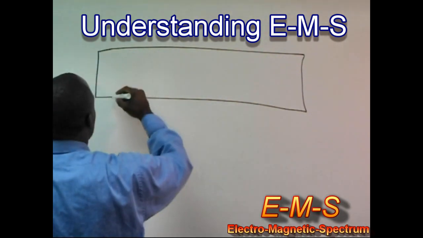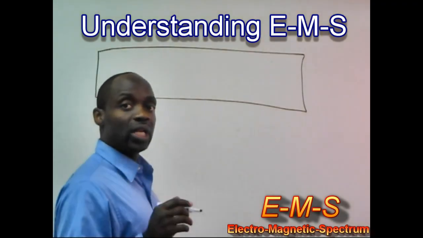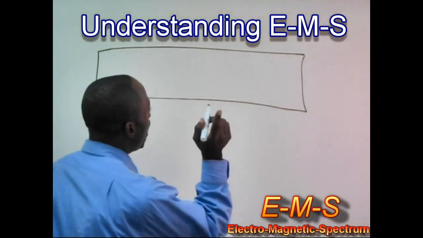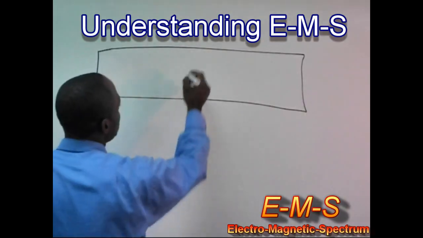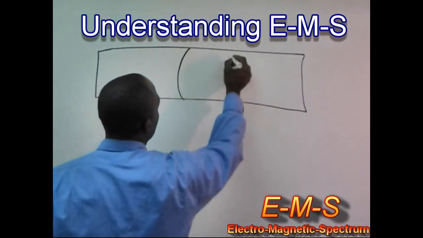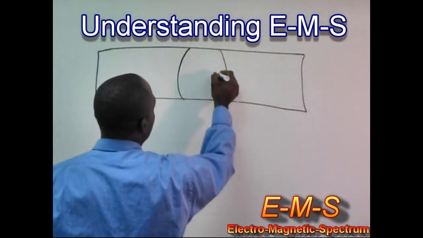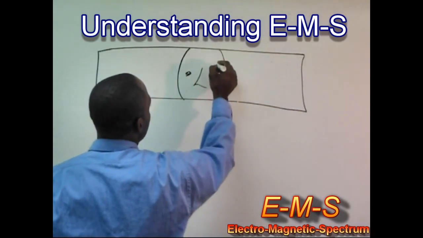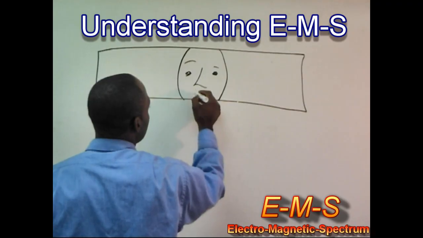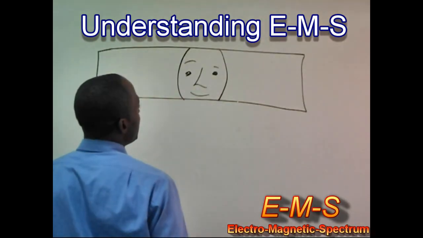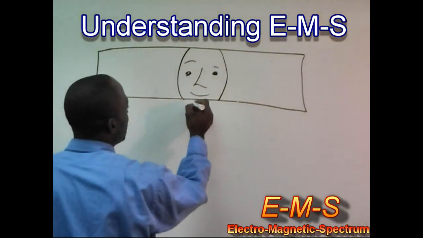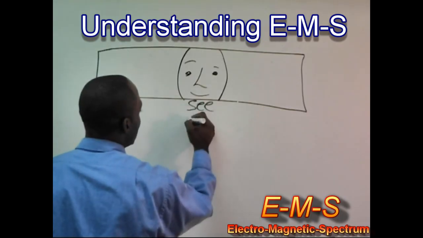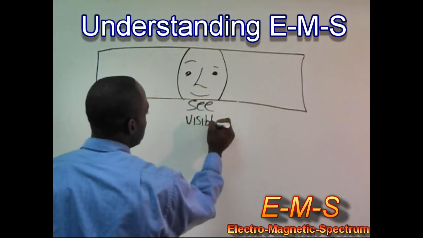First thing we're going to do is label our actual spectrum. I'm going to draw a little face right inside here, give him a little smile. Then I'm going to put C here, that means visible.